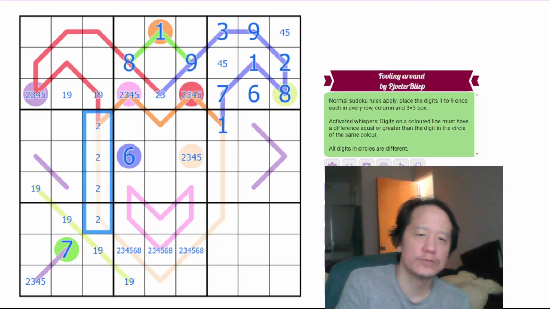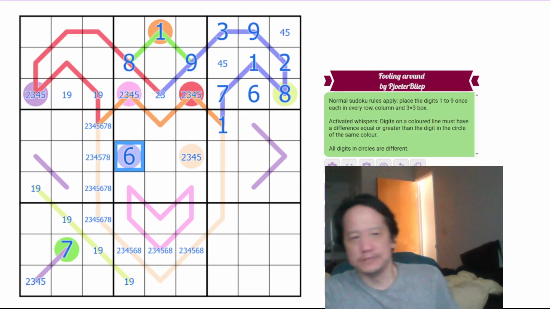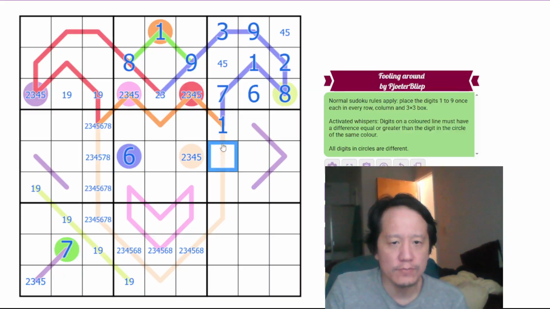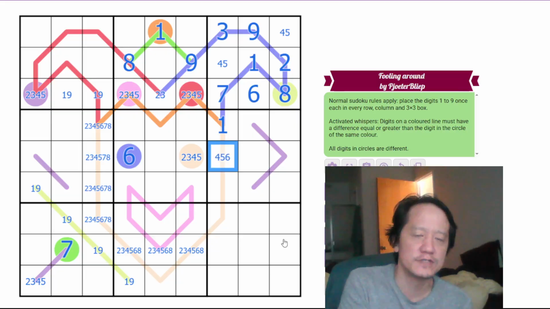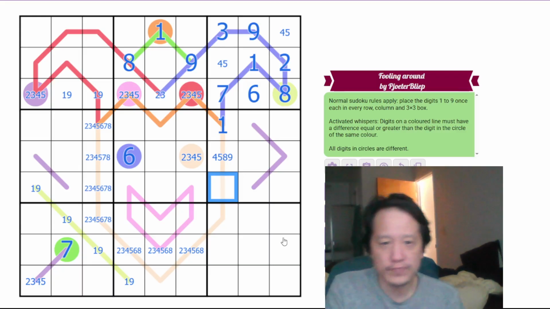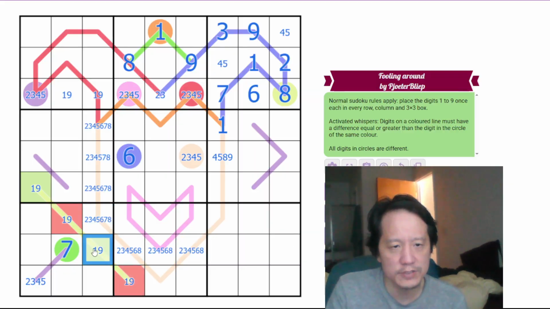These are 2 through 8, and 6 can't be here. This has to be 4, 5, 6, 8, or 9. Can't be 6. These are the same digit. Okay, so we'll make this green, this red, this green, and this red, because these are opposite digits.